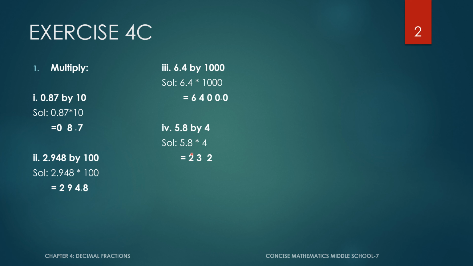Now look here, children. After the decimal point in this 5.8, how many numbers are there? Only one. After the point, it is only one number, that is 8, right? So 1. And here it is 4. You don't have any decimal point. So how many decimal places totally? It is only 1. So from right, count one number.